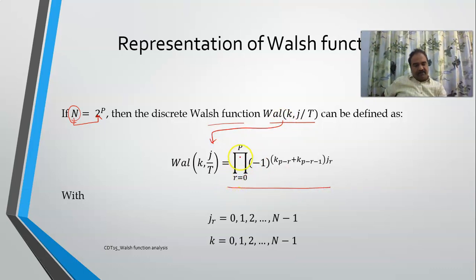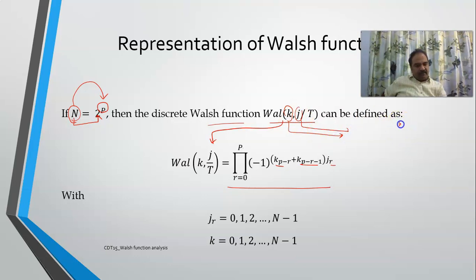It is the product over r equal to 0 to p minus 1, where n is 2 to the power p, of minus 1 to the power of (k_{p-r} + k_{p-r-1}) j_r. So k and j are supposed to be written in binary formats.